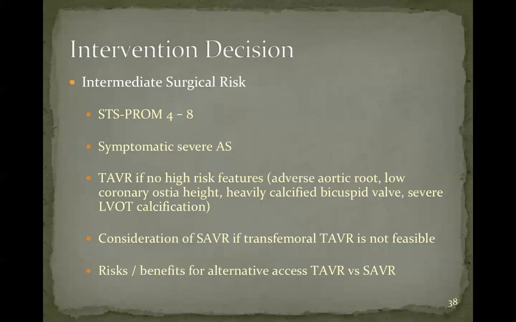They defined high-risk features as adverse aortic roots, low coronary arterial heights, heavily calcified bicuspid valves, and severe LVOT calcifications. There's always consideration for the surgical aortic valve replacement if transfemoral TAVR is not feasible. And if transfemoral TAVR is not feasible, obviously have the risk-benefit discussion with your patient and the team for alternate access site TAVR versus SAVR.